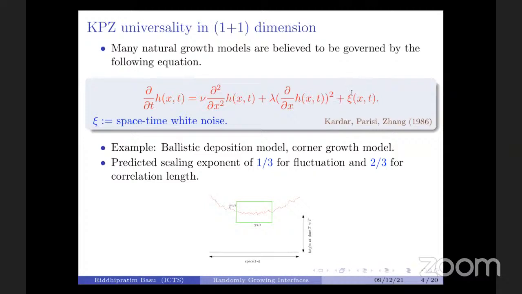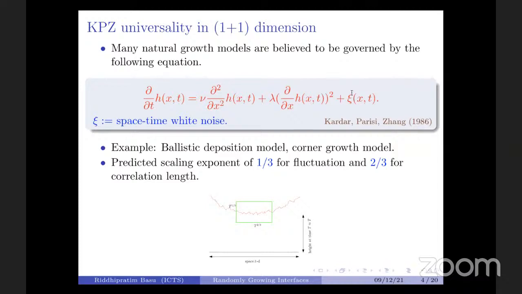If you're familiar with stochastic differential equations, this sort of equation should be very familiar to you. This is what is called a stochastic partial differential equation, which was introduced by three physicists, Kardar, Parisi, and Zhang, in 1986, and is now known as the KPZ equation. It's quite a famous equation both in statistical physics and in probability theory.